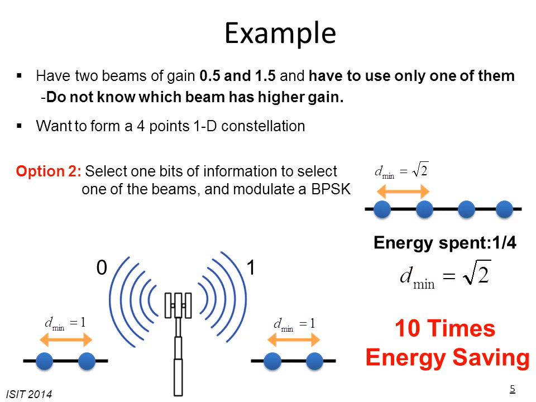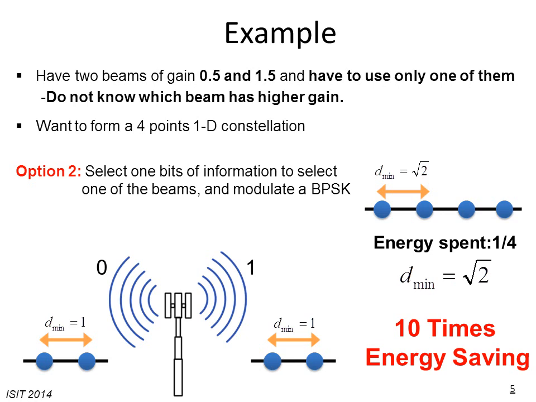I select, for example, the left beam to represent bit 0 and the right beam to represent bit 1. And I do not know which of these two has a higher gain. And then, regardless of which beam has been selected, I modulate a BPSK constellation with a minimum distance of 1.